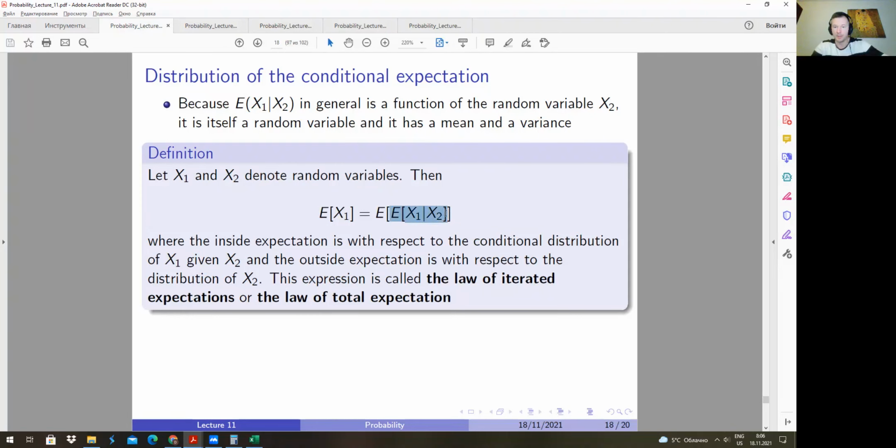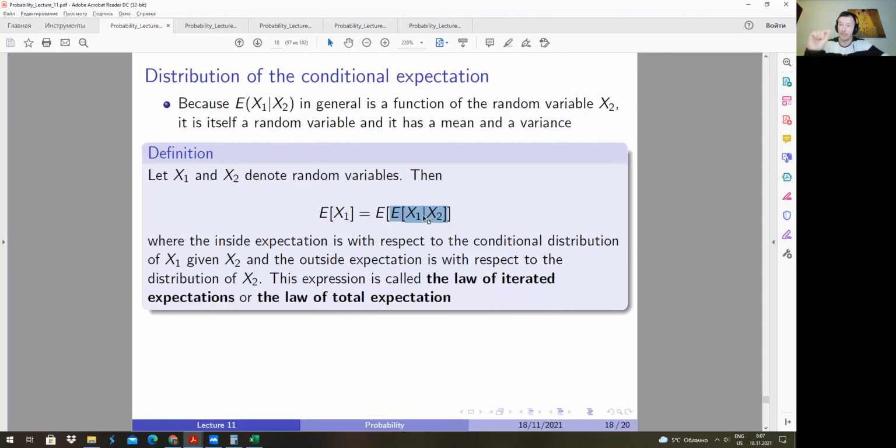So here is the expectation of x1 given x2. So we use the conditional probability of x1 given x2. The inside expectation is with respect to the conditional distribution of x1 given x2 here.